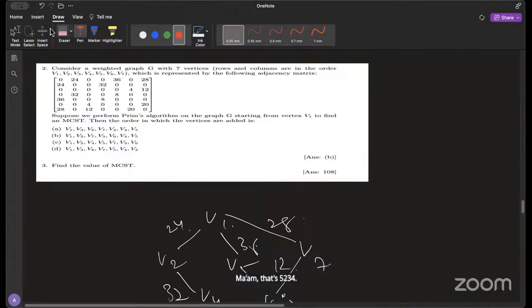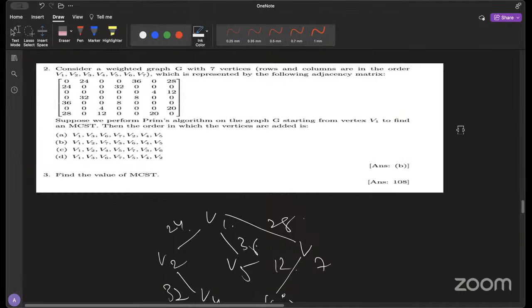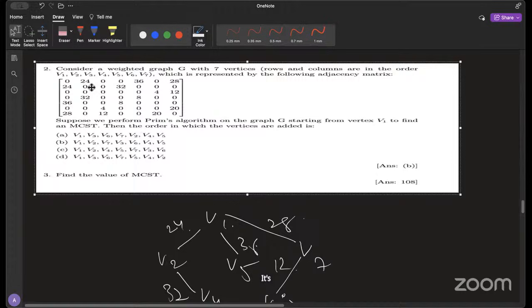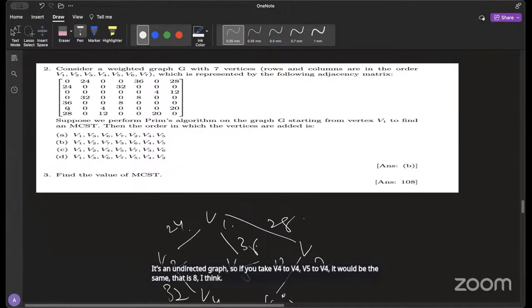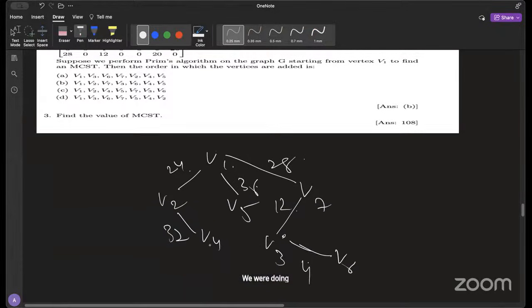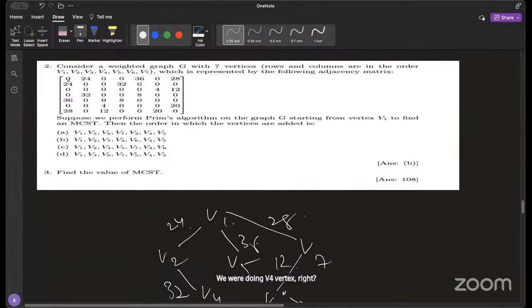The entry with 8 is V5 to V4. It's an undirected graph, so if we take V4 to V5 or V5 to V4, it will be the same, that is 8. We were doing V4 vertex, right? So for V4, this is the 4th one, and we have 8 here. All right, V4 to V5, it's 8.